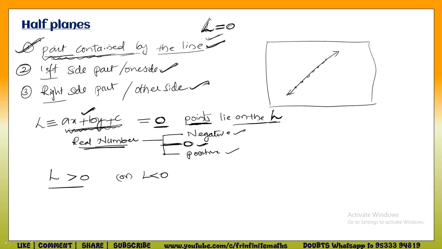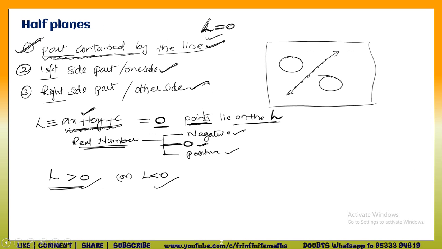For which points, either this side or this side, we can't say yet. For which side L will be greater than 0 or less than 0, we are going to discuss in this half planes concept, right? Now let us move on.